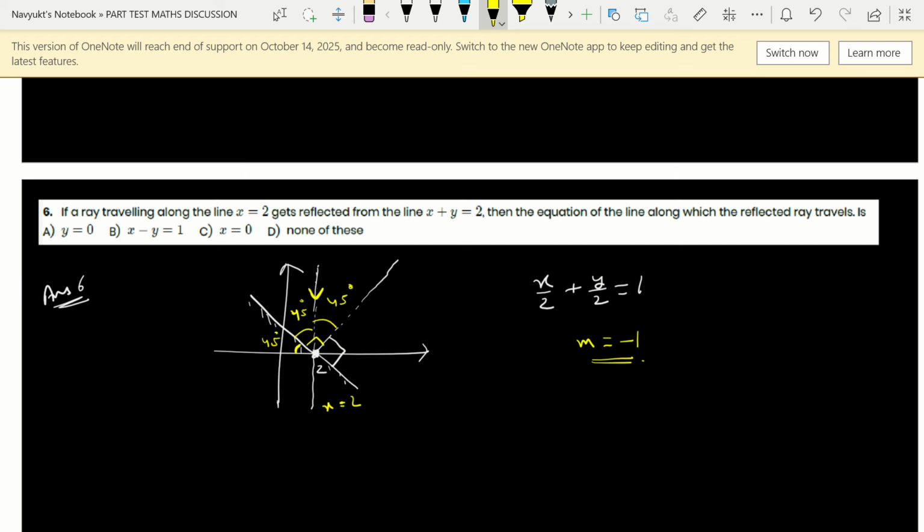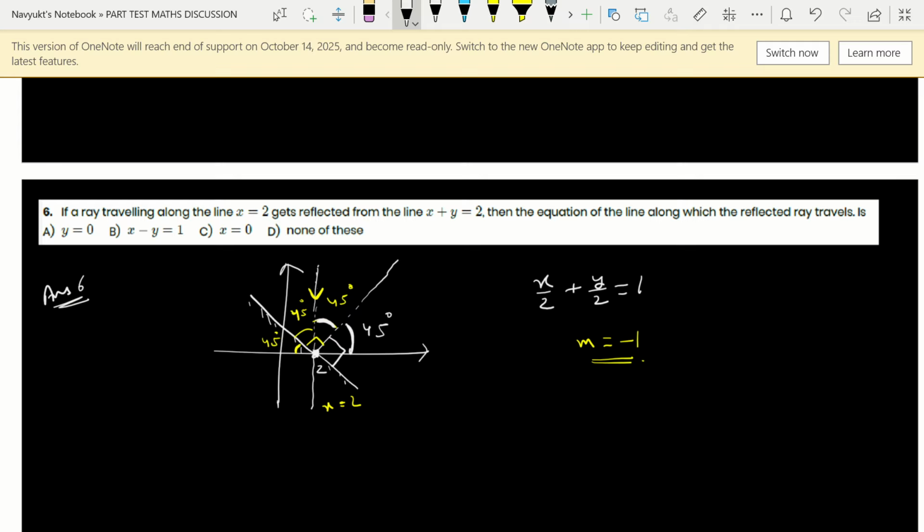Now here comes the property that if a ray gets incident to any surface, it makes some angle with the normal, and the same angle it gets reflected with. So this is 45, the incident angle, so the reflected angle will also be 45. So this is that 45 degree angle.